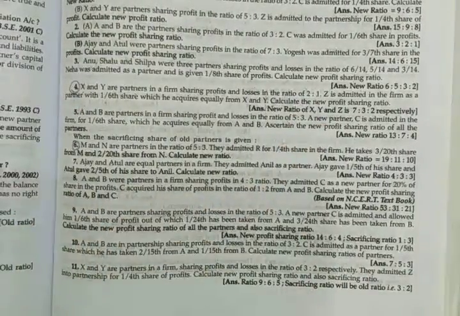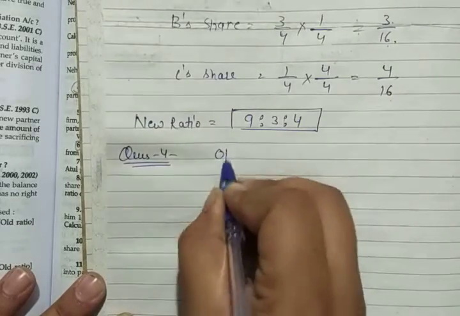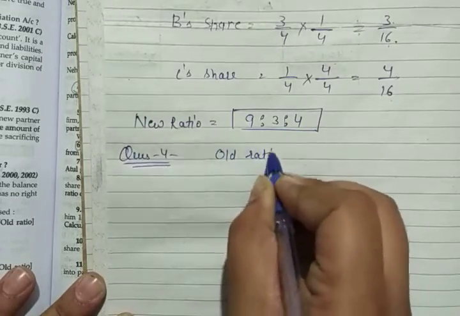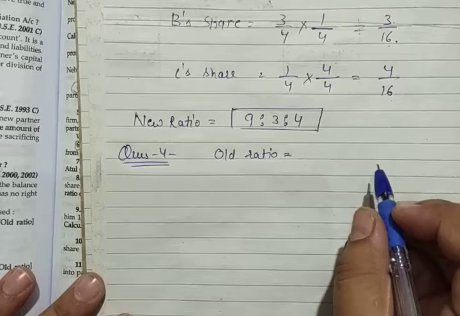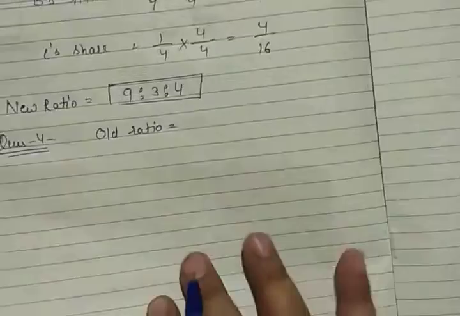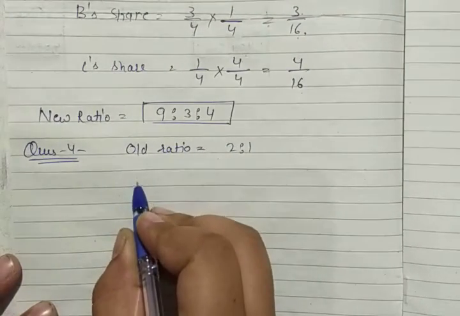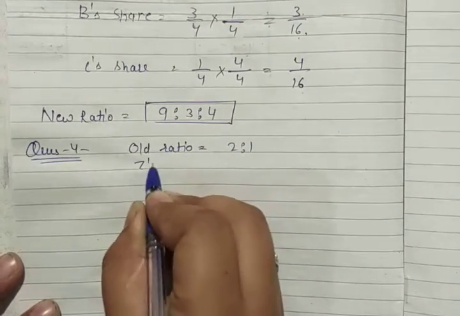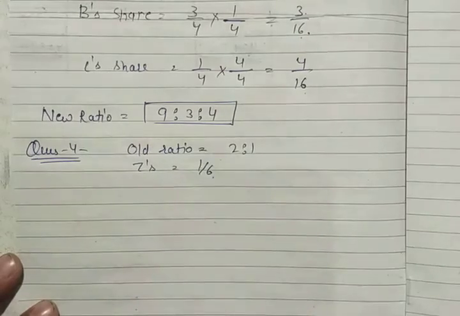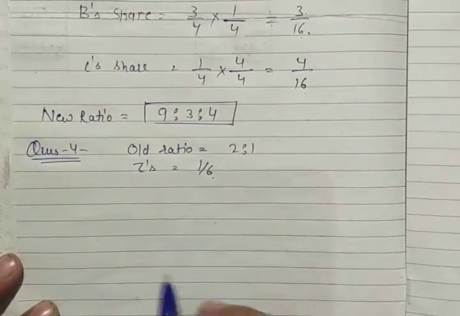The old ratio is 2:1 and Z's share is 1/6. So firstly we will write the old ratio. That is given in the question as 2:1. Yes, 2:1. Sorry for the inconvenience. Then it is said that Z's share will be 1/6. That will be acquired by X and Y in equal ratio.